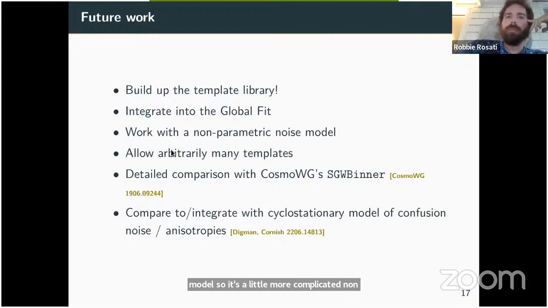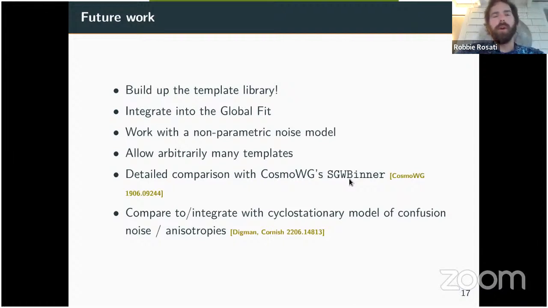And ideally make this a transdimensional sampler, so we can automatically figure out how many signals are present in the data and what their characteristics are. The cosmology working group has this SGWBinner, which is a model independent excess power reconstruction of the stochastic background, a model agnostic approach.